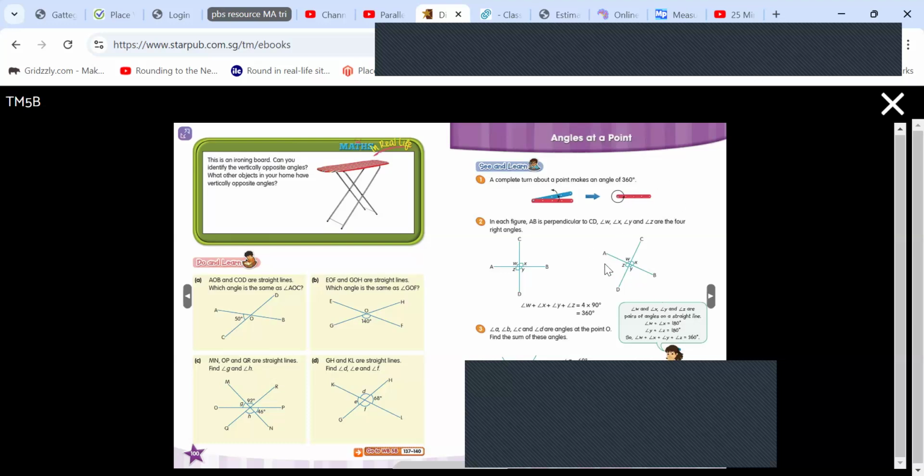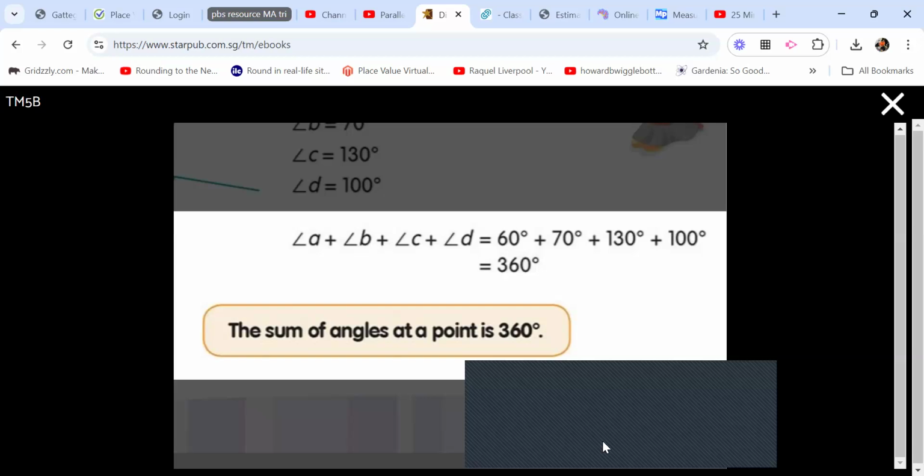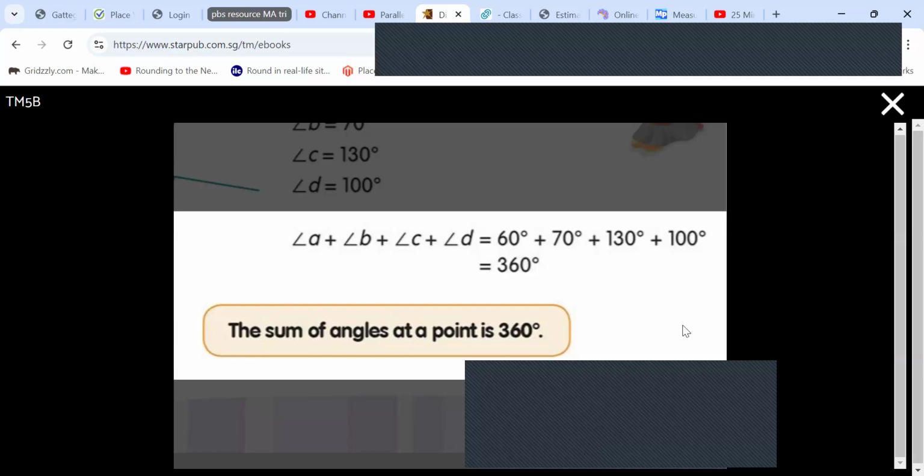It says here, angles at a point, the property is the sum of angles at a point is 360 degrees. Sit down and write down now.